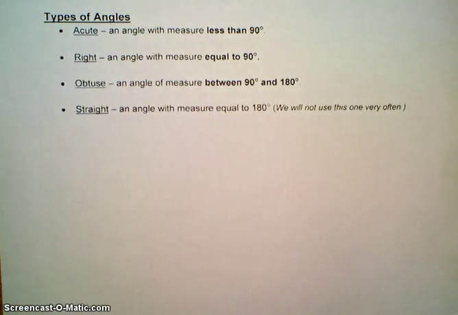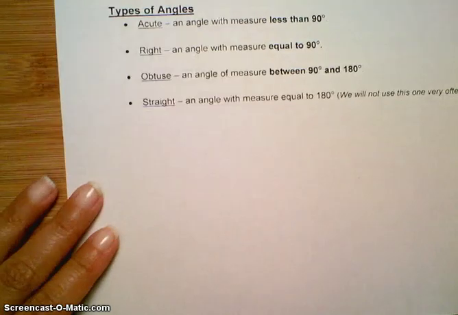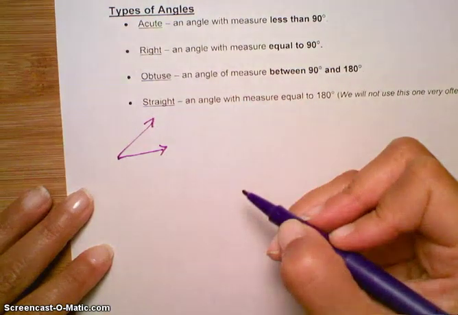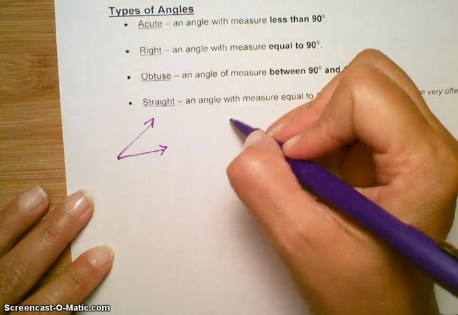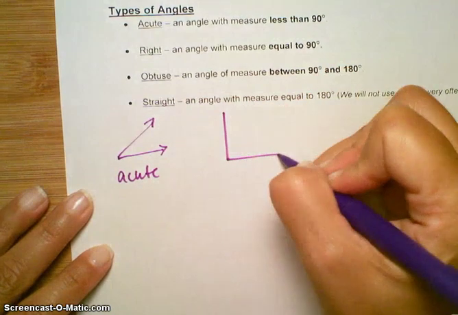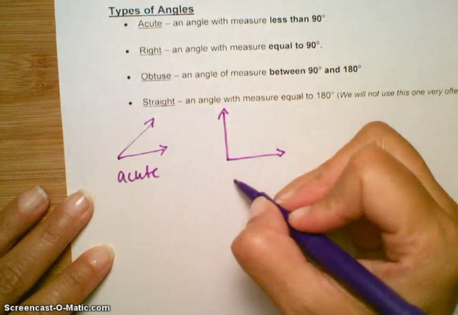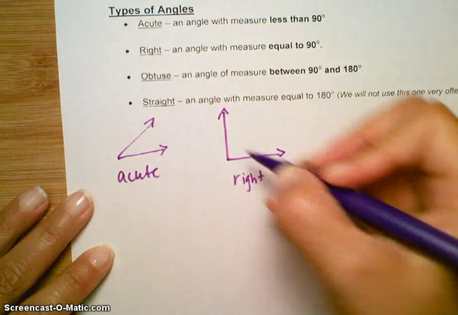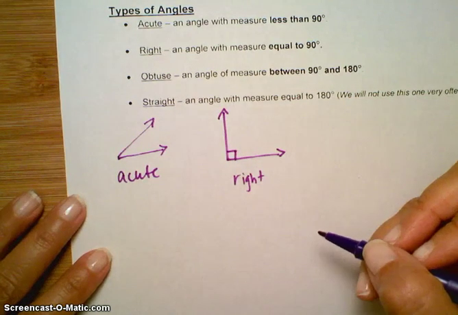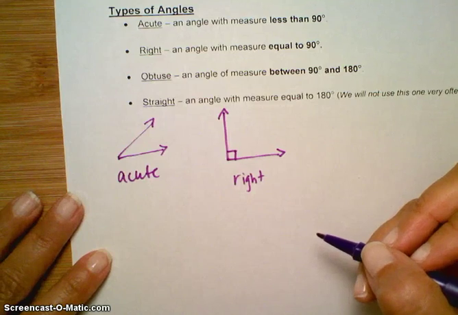Quick sketches of each of these types of angles would be an acute angle, a right angle, and to denote a right angle, we put a little square in the corner, and that denotes a right angle in a picture.